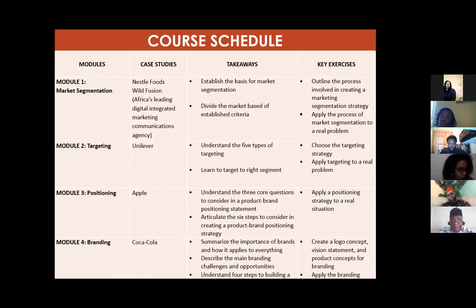Positioning is a very important point of marketing, because it has to do with trying to make your customers have an emotional bonding to your product or service.